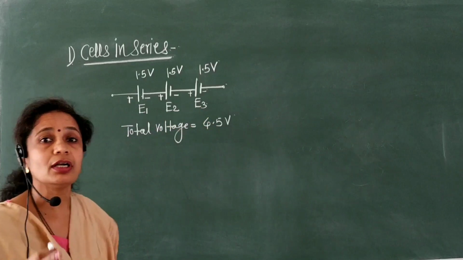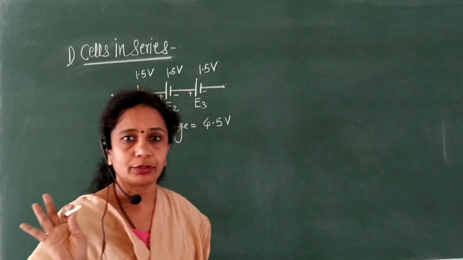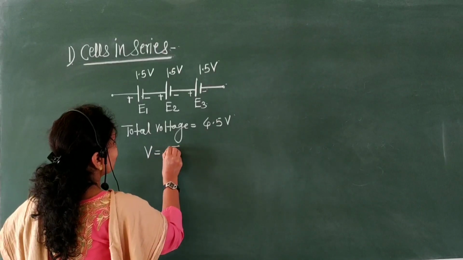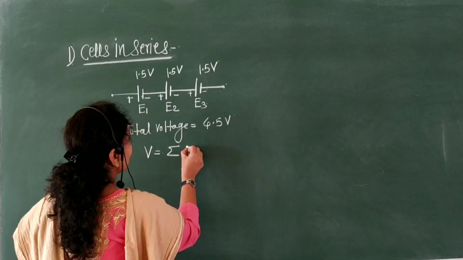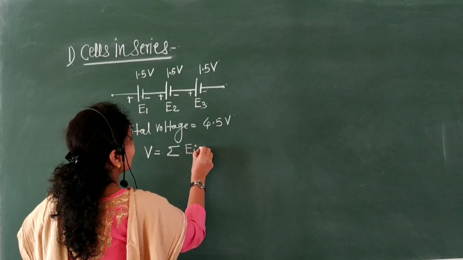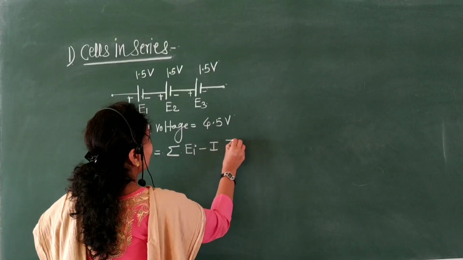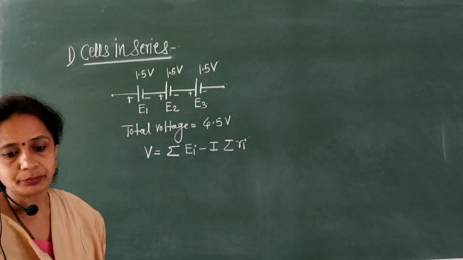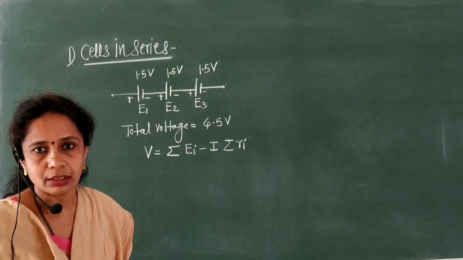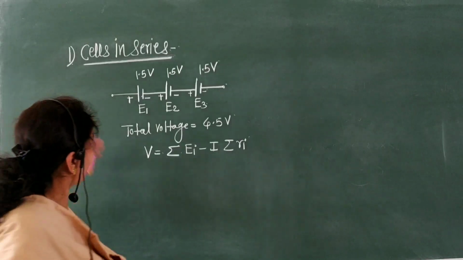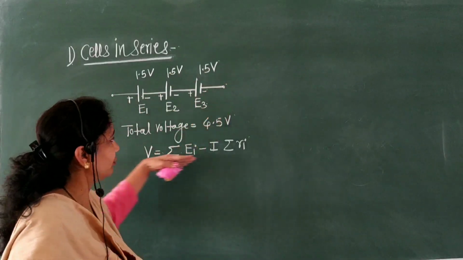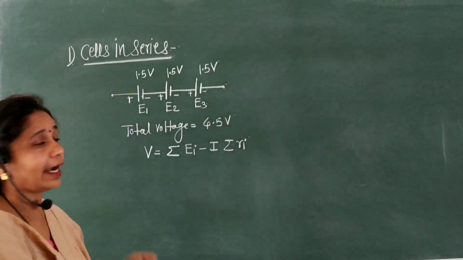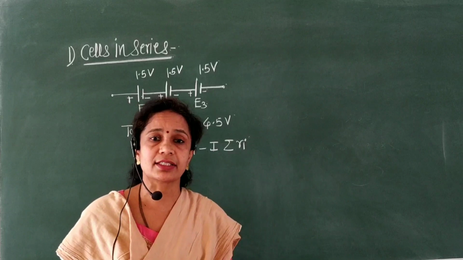Therefore, it becomes 4.5 volt. And this can be written as V is equal to the summation of EI minus I into the summation of RI. If a number of cells are connected in series, then V is given by this equation. Then what are the advantages of cells in series?